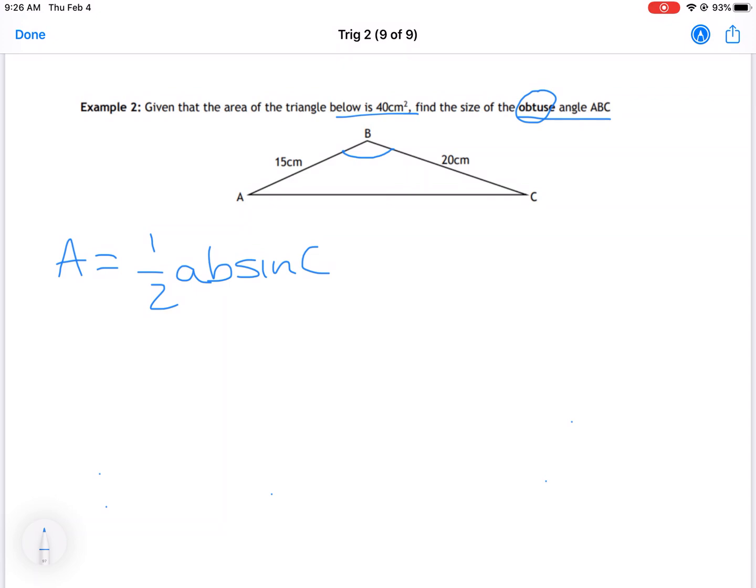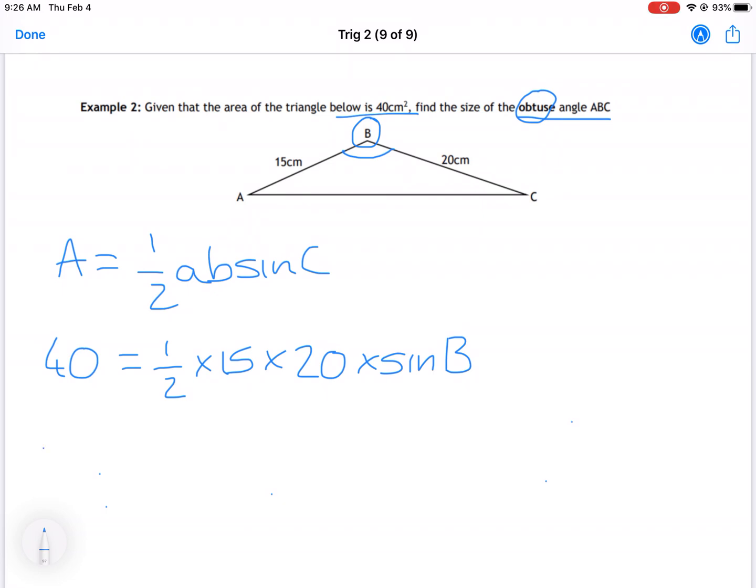Okay, so I know the area is 40, so I'll write that in place of the A. A half, small a, will be 15. Small a and b are the two sides of the triangle, with capital C being the angle. Now I'm going to replace C with capital B, since it's the angle at B that I'm trying to find.